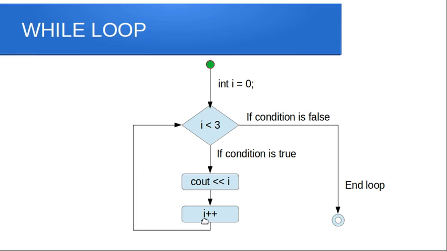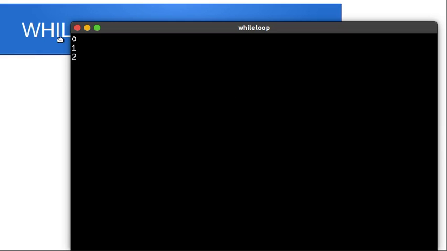And then we incremented i to become 2. Then we check, is 2 less than 3? Yes, we printed i, we got 2. Now we have incremented i to become 3 on the fourth iteration. So is 3 less than 3? No, 3 is not less than 3, but 3 is equal to 3. So this condition is false, so we simply ended our loop and we got this over here.